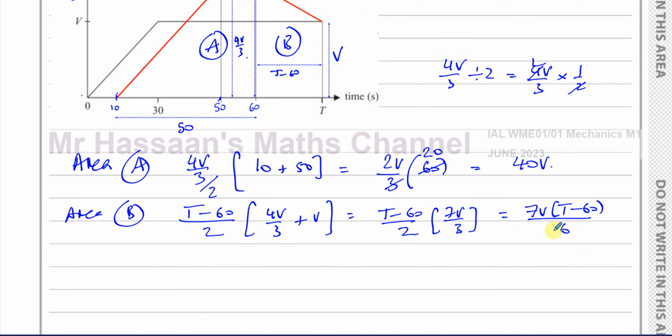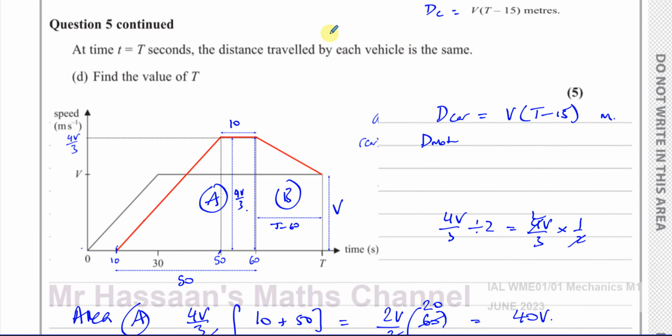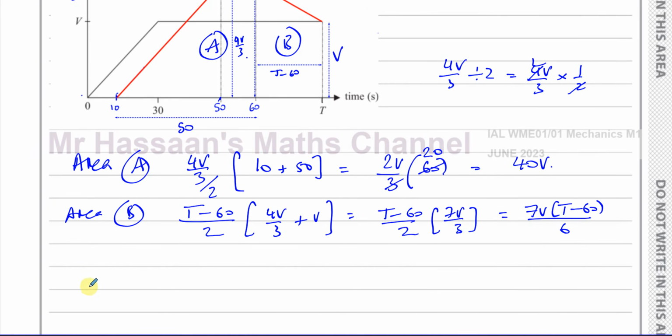So I know that the area of A and B is equal to the area that we got in the beginning, which is v times t minus 15. So the area moved by the car, v times t minus 15, is the same area as these two added together, which is 40v plus 7v times t minus 60 over 6.